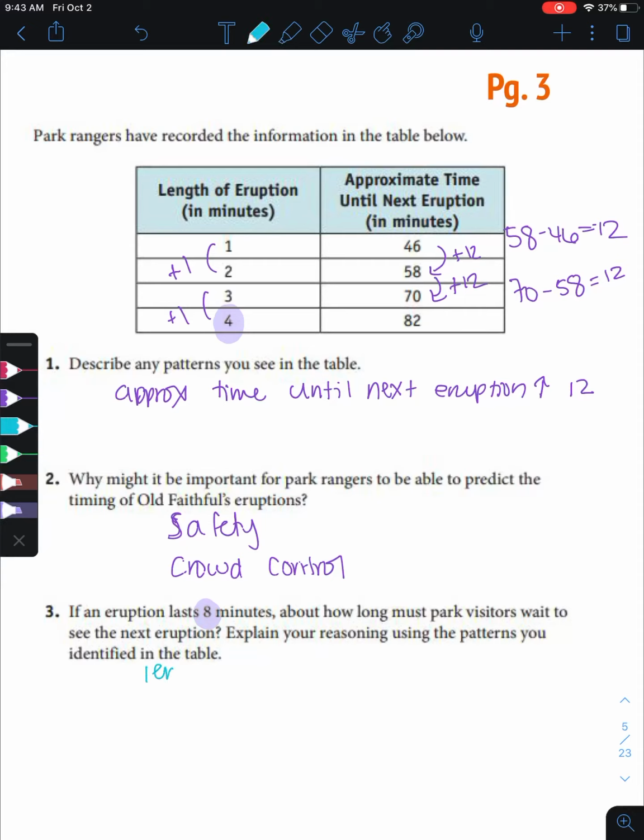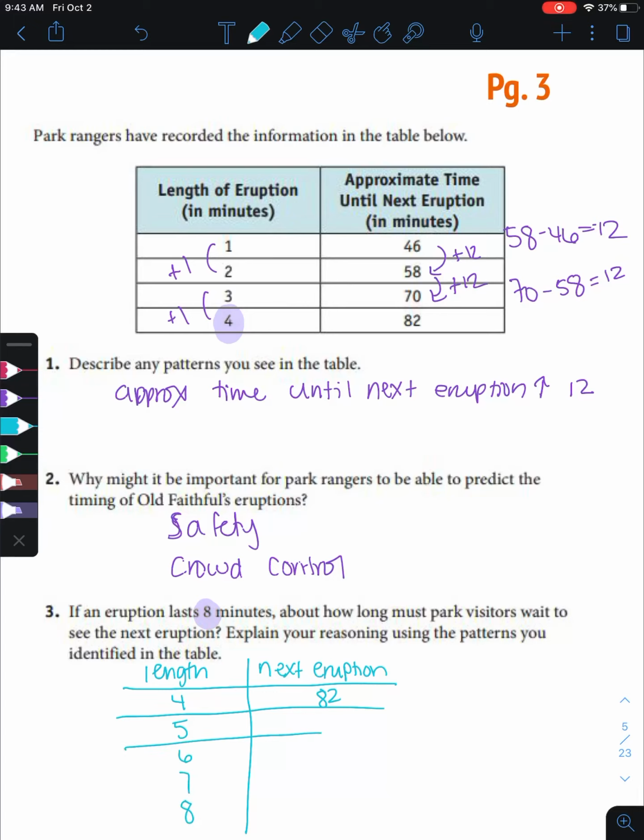So I'm going to put length, and then next eruption. Create my table. I'm going to put 4 and 82 down here, so I have my starting point. And then I know I want to go up to 8 minutes. So 4, 5, 6, 7, 8.